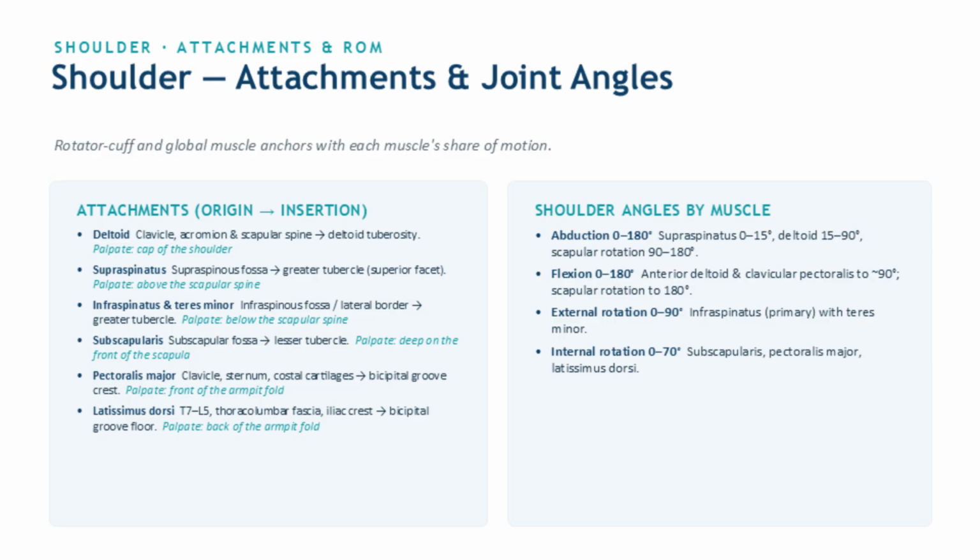Notice that no single muscle performs all shoulder motions. Instead, multiple muscles contribute to abduction, flexion, extension, internal rotation, and external rotation. This coordination helps maintain both mobility and stability throughout the shoulder complex. While some muscles move the humerus, others focus primarily on controlling the position of the scapula. Let's examine those muscles next.